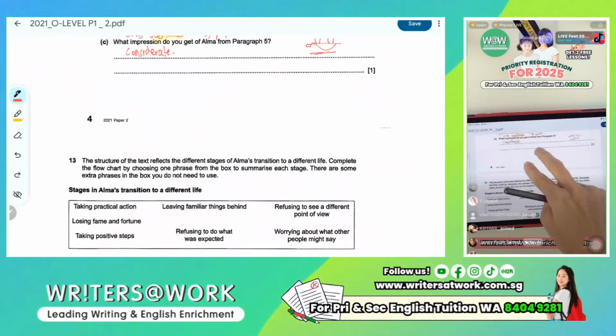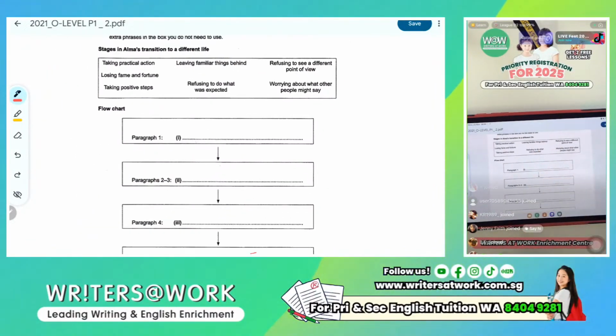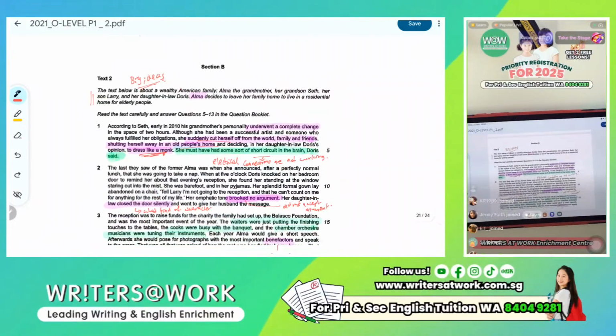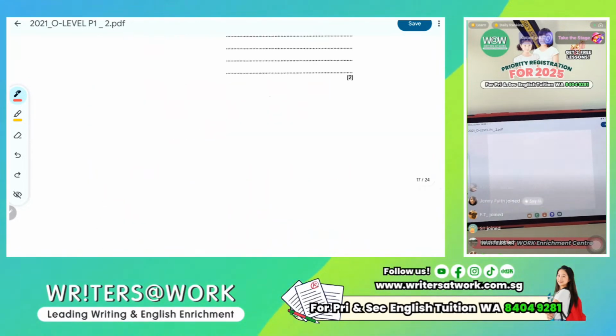Now moving on to the last few questions. So in the first paragraph, if you recall, Alma was behaving very weirdly. Here, she didn't want her fame, she didn't want her money, she didn't want her family anymore.